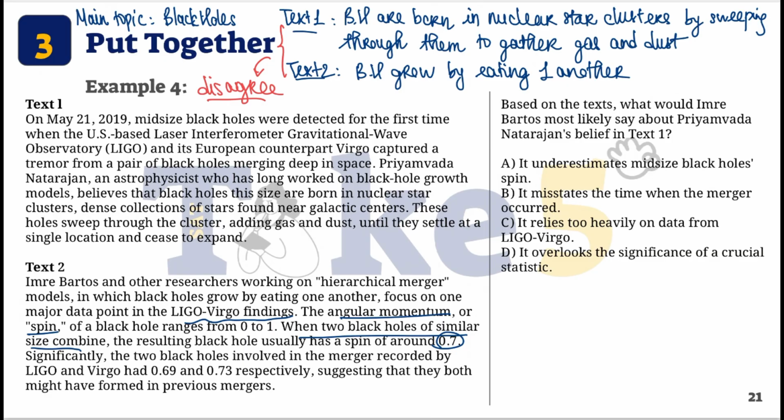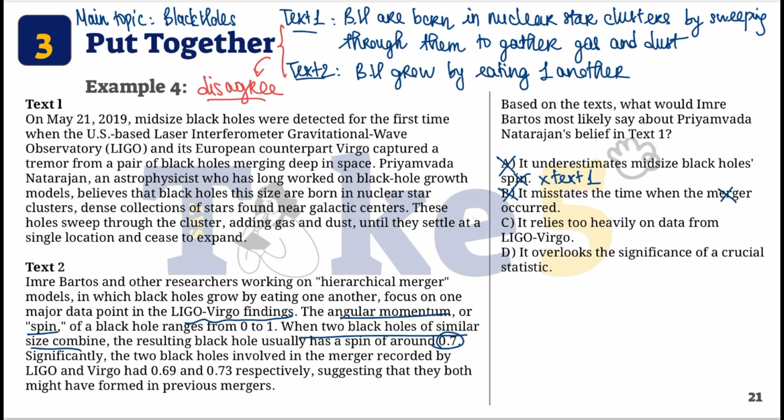Since all four answers have negative indicators, we have to work backwards to find the exact relationship. A is incorrect because text 1 doesn't mention spin data at all. B is also incorrect because text 1 doesn't mention a merger, only text 2 does.